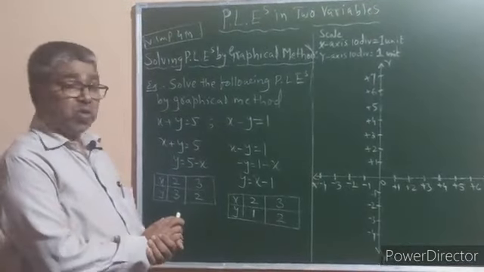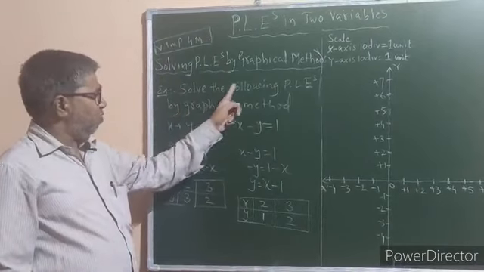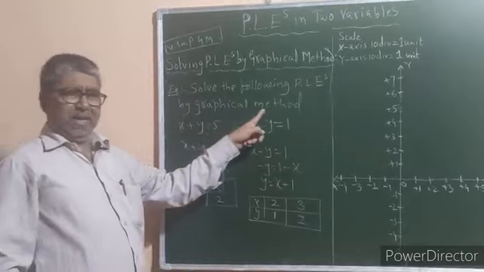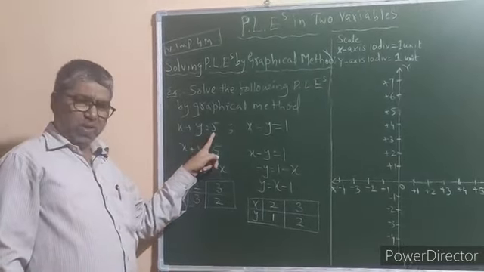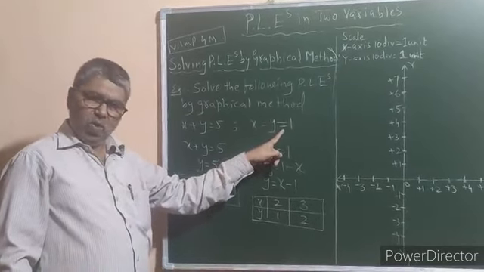So dear students, let us solve the second example. Solve the following pair of linear equations in 2 variables by graphical method. The first equation is x plus y is equal to 5 and the second equation is x minus y is equal to 1.